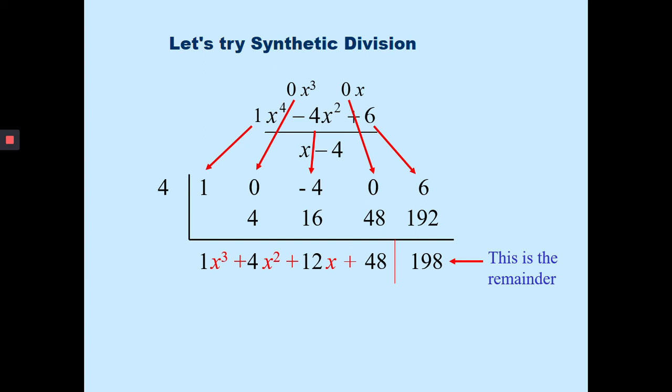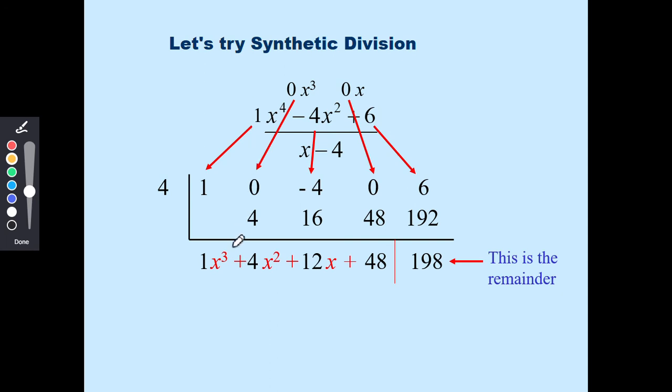All right? Now, yesterday I said to you that when you are dividing by a degree 1 expression, your quotient is going to be 1 degree less than your dividend. All right?